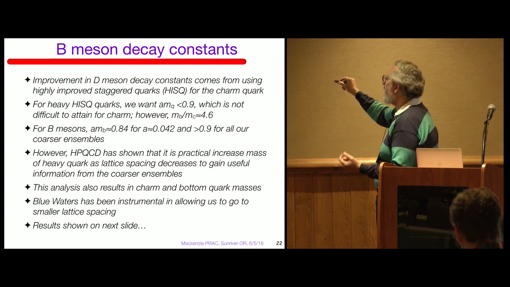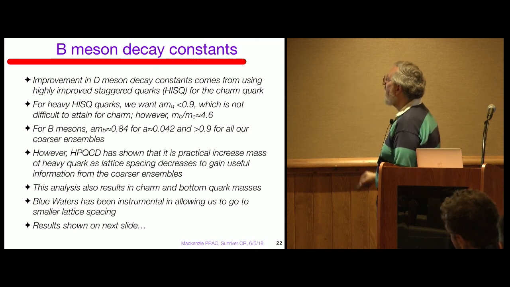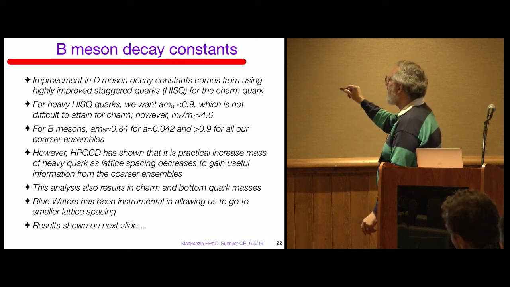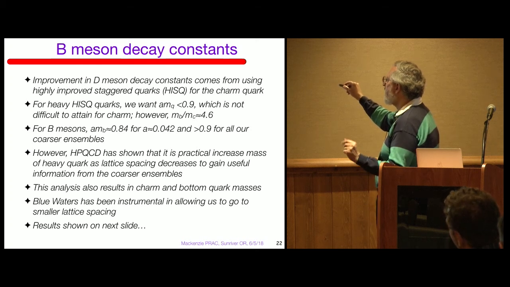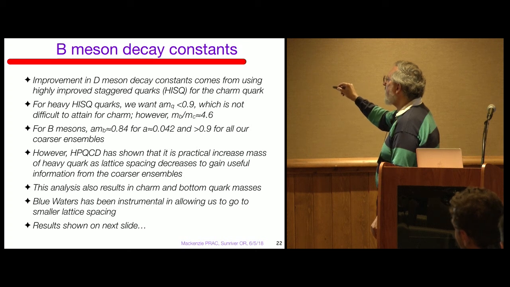And it turns out if the quark is very heavy, as the B quark is, it's hard to maintain the product a·m_Q being small. So empirically, we know that on any given lattice spacing, if m_Q is small enough that this is obeyed, you should get pretty accurate results. And it's easy to do for the charm quark, which is almost 5 times lighter than the B quark.